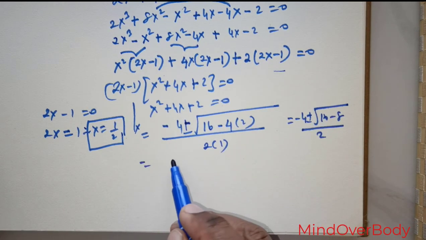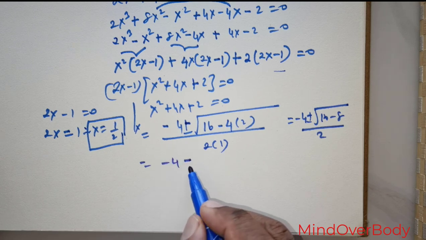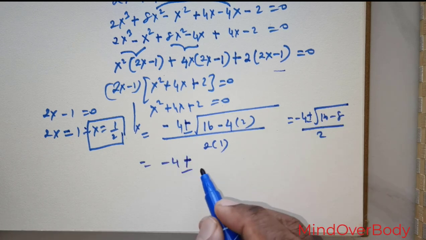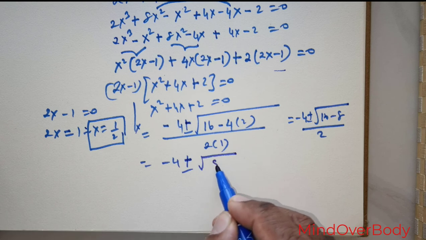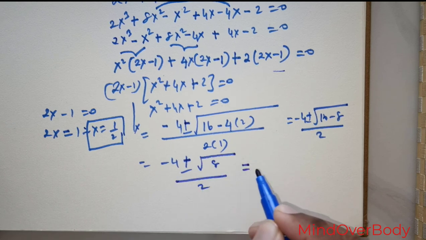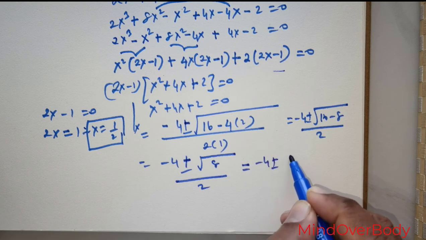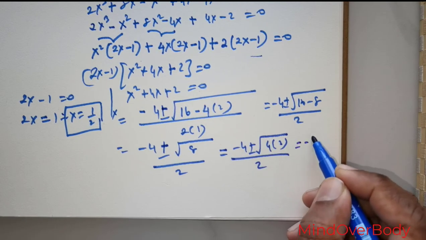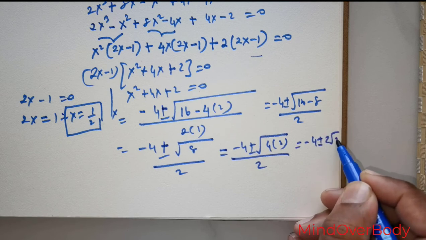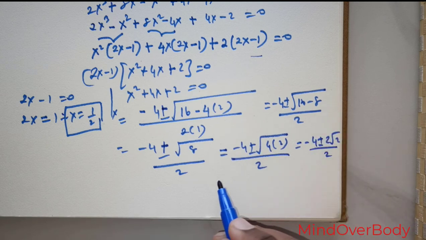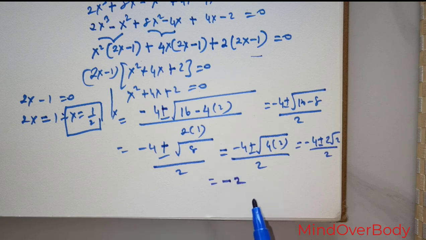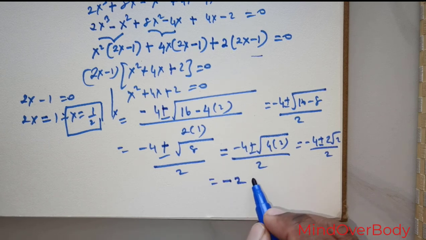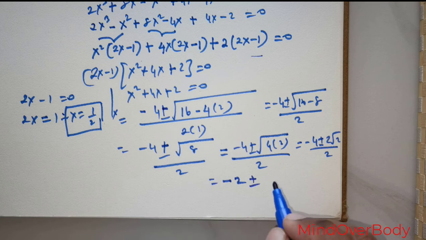This is equal to negative 4 plus or minus root of 8, divided by 2. This is negative 4 plus or minus root of 4 times 2, divided by 2. This is negative 4 plus or minus 2 times root 2, divided by 2. I can take 2 out. That gives me negative 2 plus or minus root 2, right?